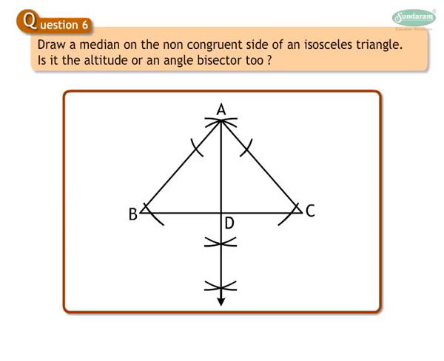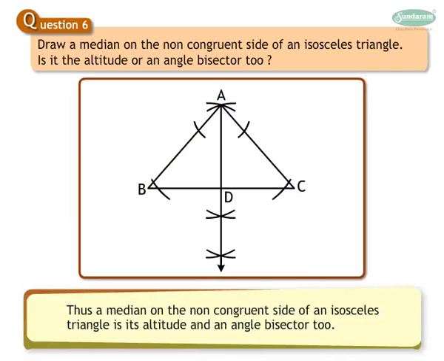Now, if we bisect angle A of isosceles triangle ABC, again we can see that the bisector of the angle A is the same as the median AD, or we can check that median AD is bisecting angle A. That means median AD is also the angle bisector of the angle opposite to the non-congruent side BC of isosceles triangle ABC. Thus, a median on the non-congruent side of an isosceles triangle is its altitude and an angle bisector too.